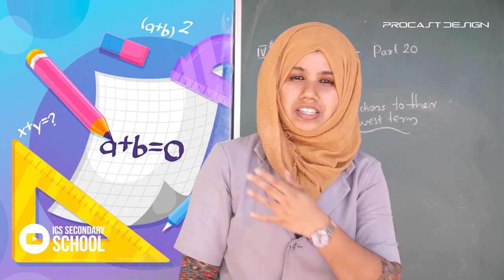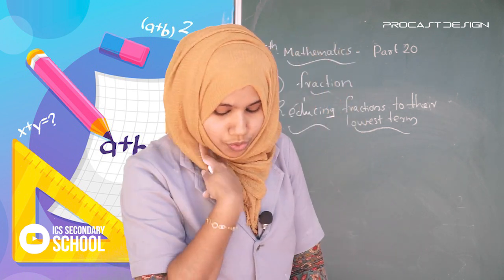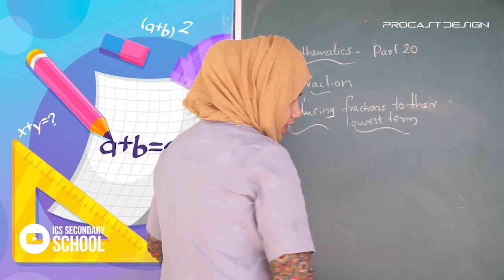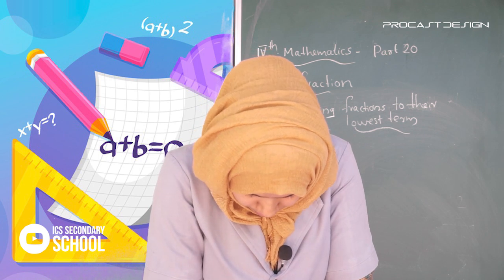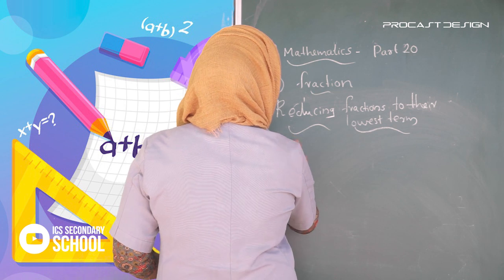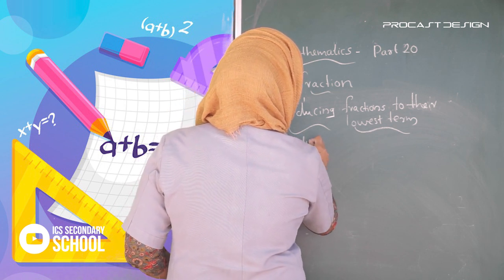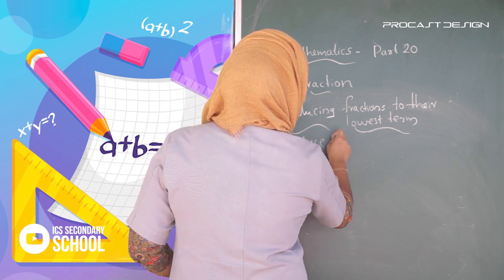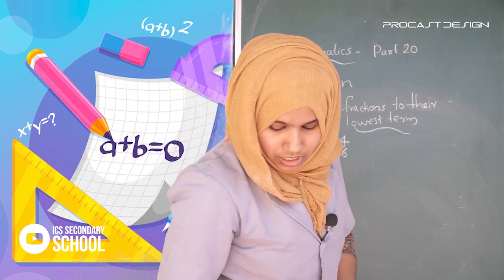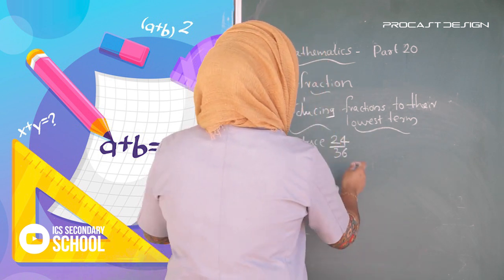There are methods: dividing the numerator and denominator by the HCF, and also cancelling the common factors. I will show you. Reduce 24 by 36 to its lowest term.